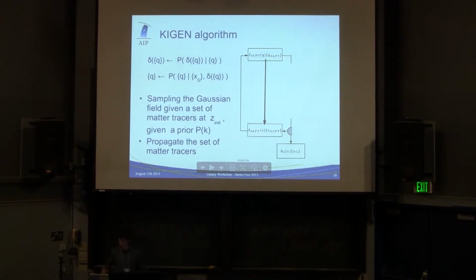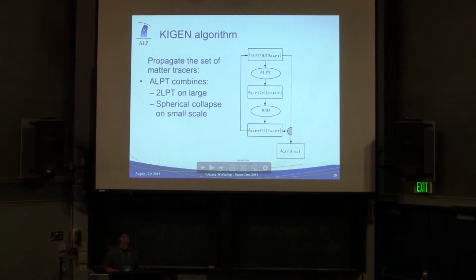So what you need for this is actually an efficient way to solve structure formation. And so we developed what we call augmented Lagrangian perturbation theory. This is really second-order Lagrangian perturbation theory on large scales.